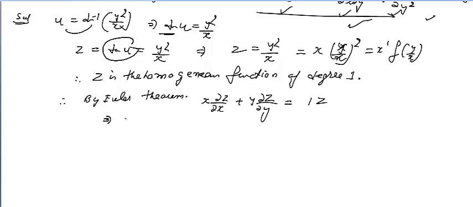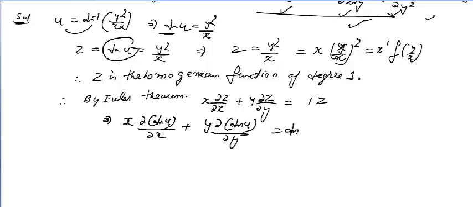So what you will do right here: x ∂(tan u)/∂x + y ∂(tan u)/∂y is equal to tan u. Now the derivative of tan u, you are very much clear, is sec square u times ∂u/∂x. Already I have solved this, so you can do it fast.